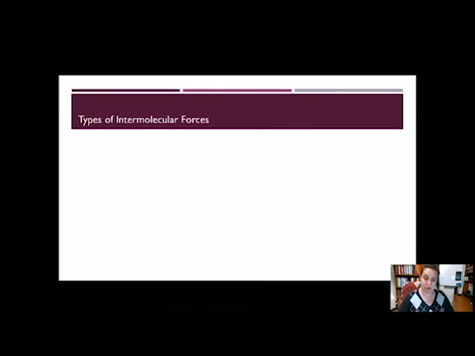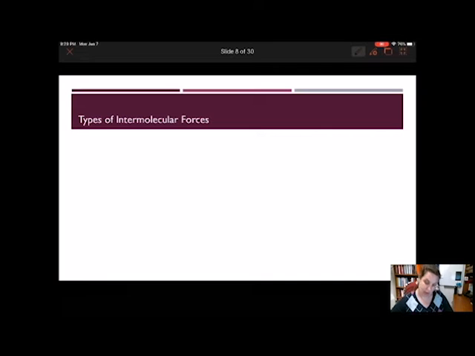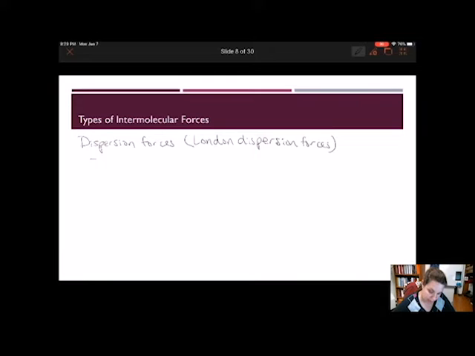Okay, so we have got several different types of intermolecular forces. Our first one is dispersion forces, or London dispersion forces. Within here, we have ion-induced dipole, dipole-induced dipole, and induced dipole.